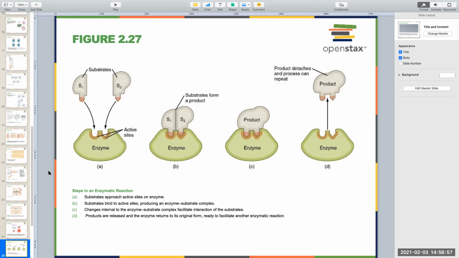Okay, so lactase is a type of enzyme that helps our bodies to break down the sugar molecule that is lactose.